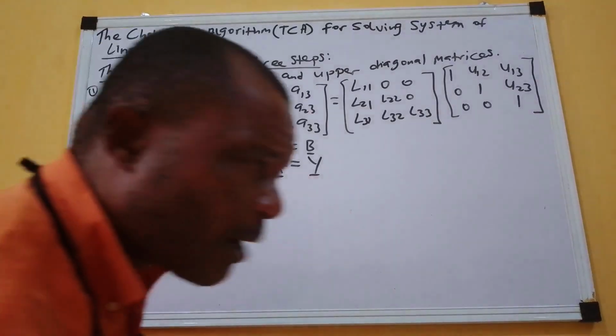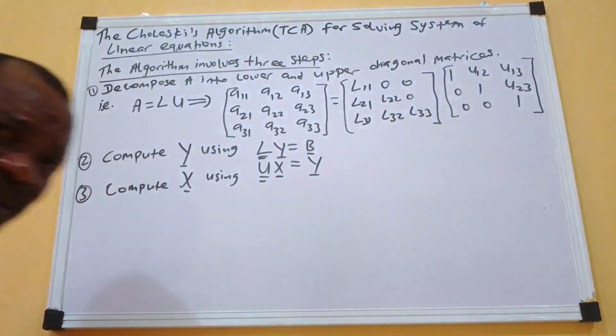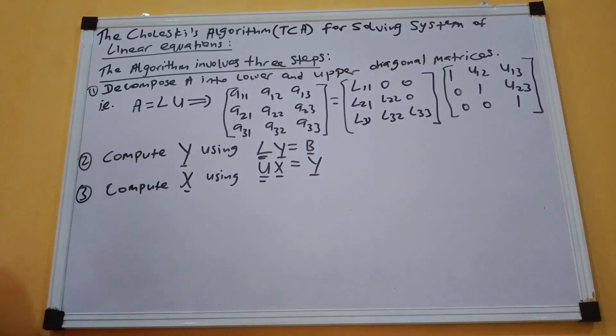The Choleski's algorithm involves just 3 simple steps. Step 1. Of course, definitely when you have a system of linear equations, the matrix A, which is a square matrix, will form the coefficients of the unknown on the left hand side of the equation.